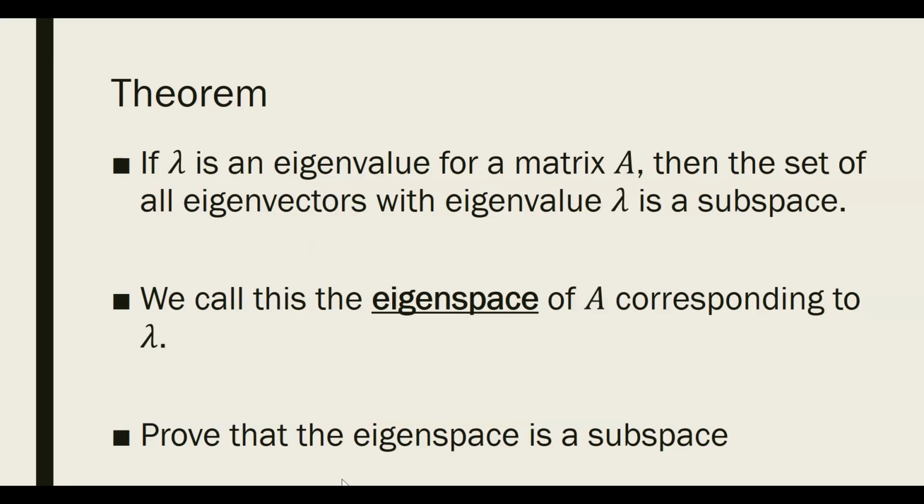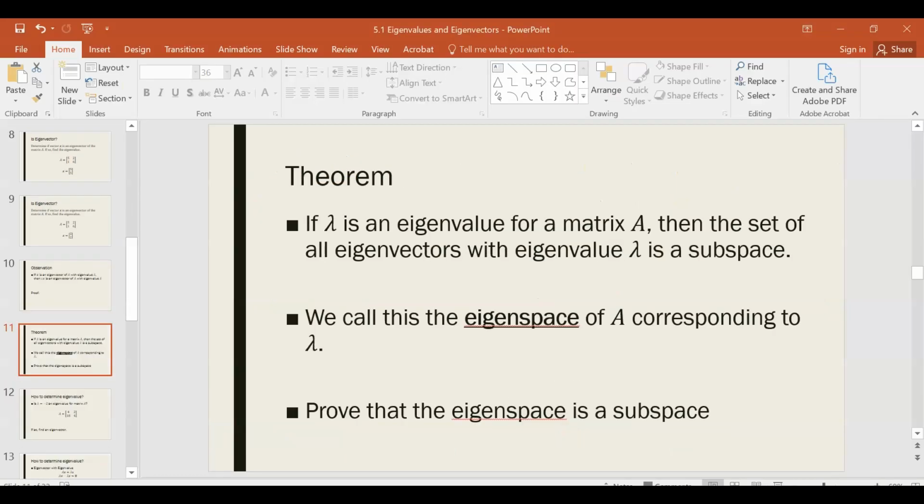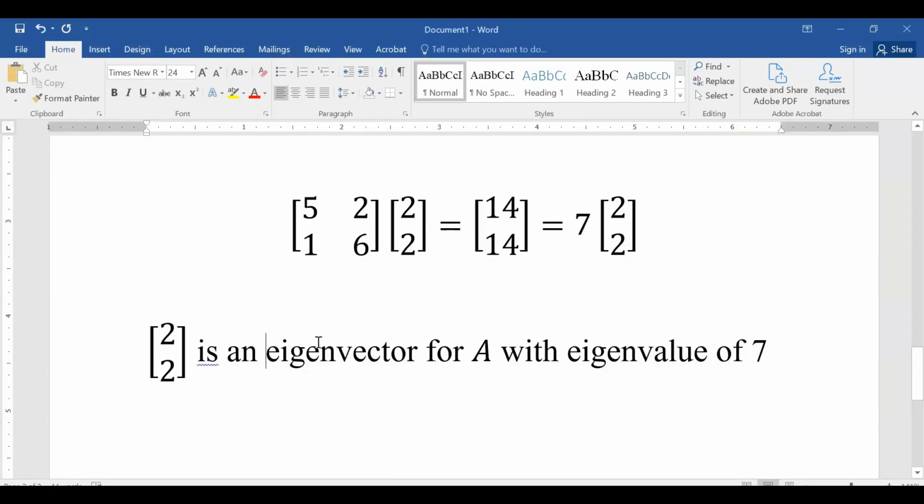So in my instance, we had (5, 2). It turns out (1, 4, 17) would have all been eigenvectors associated with eigenvalue 7 for this matrix.